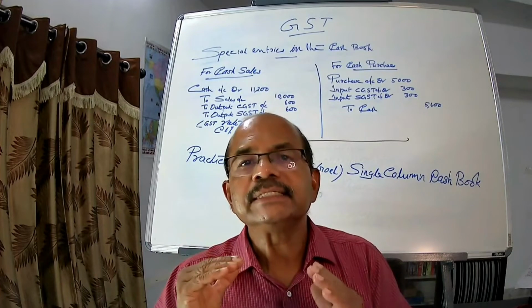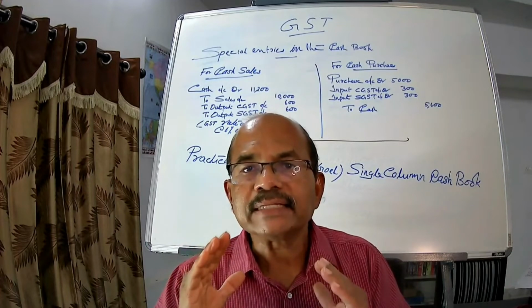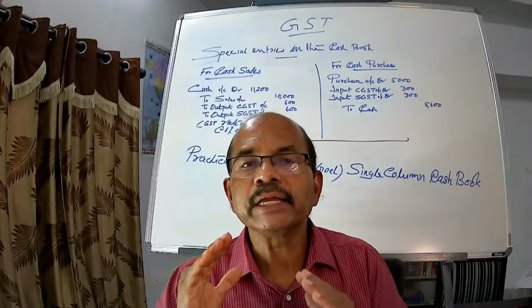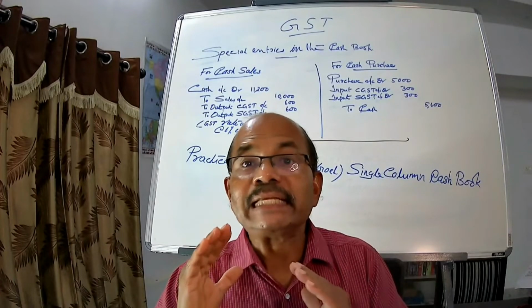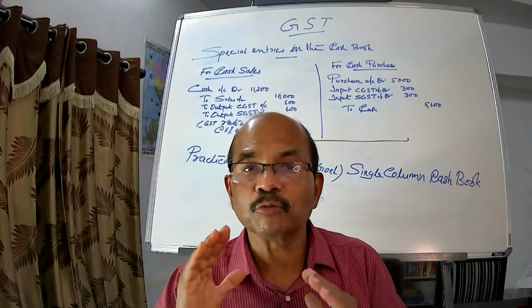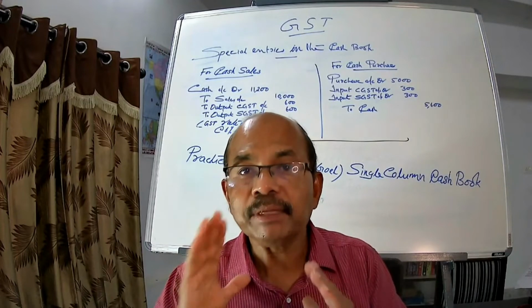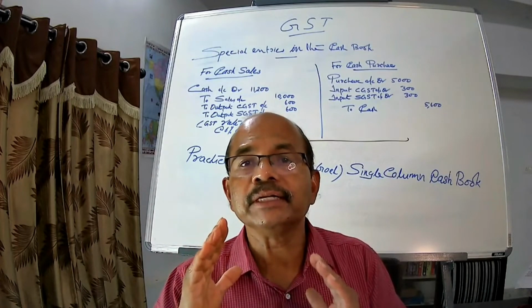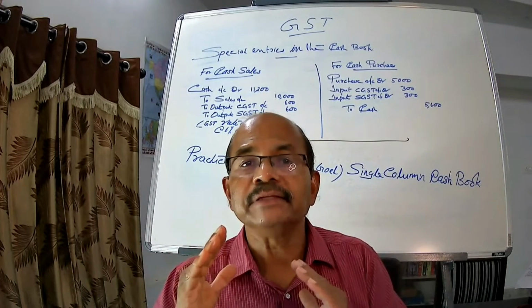Prior to the GST scenario, the cash sales amount as well as the cash purchase amount shown in a cash book was very much inclusive of the then sales tax or value added tax, that is called VAT, as the case may be. No separate entries were required in the cash book to indicate the tax part.